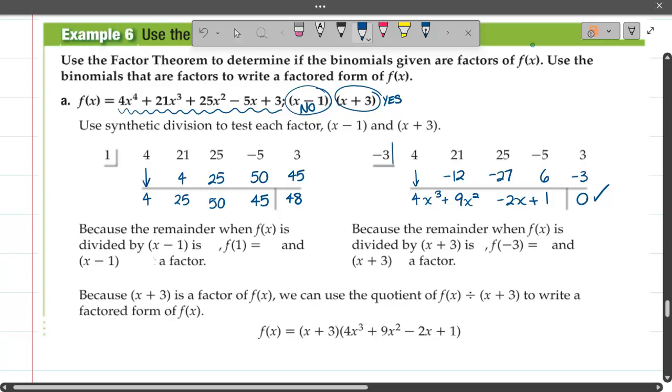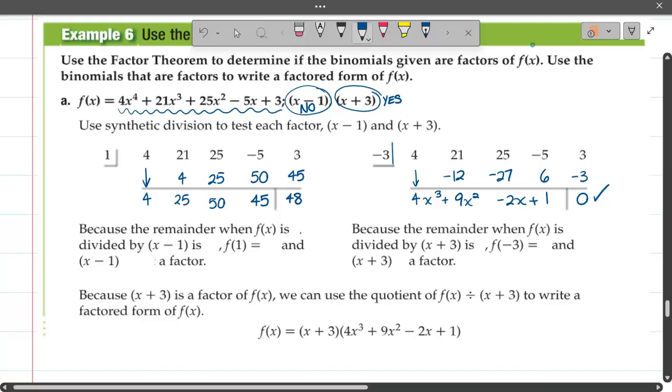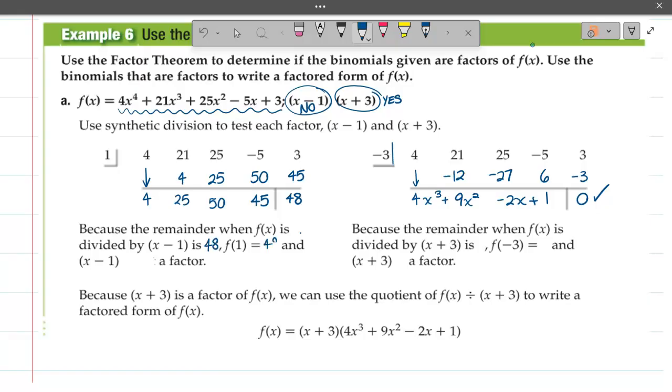Let's fill in the blanks here. Because the remainder when f of x is divided by x minus 1 is 48, f of 1 equals 48, and x minus 1 is not a factor.